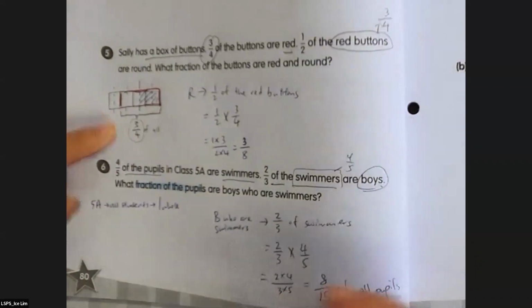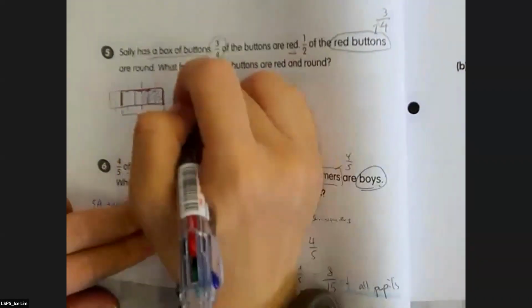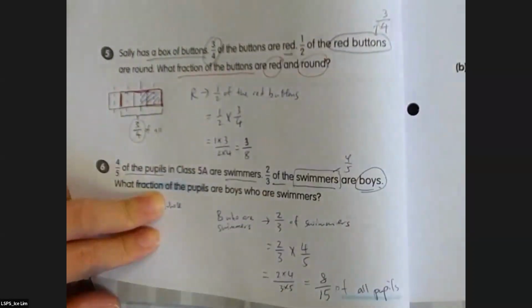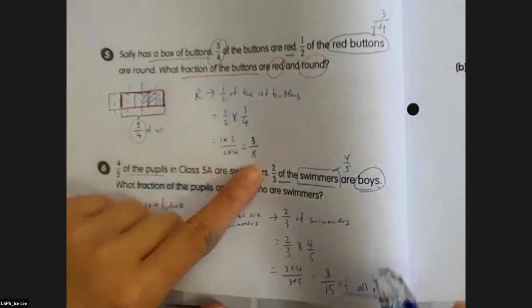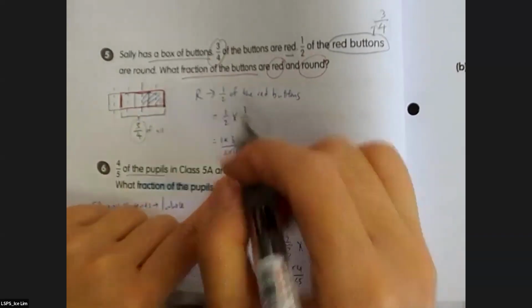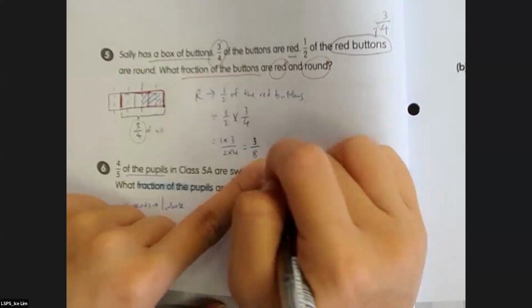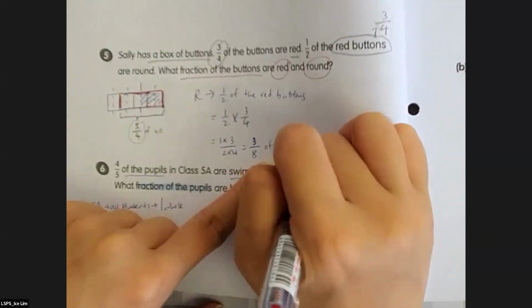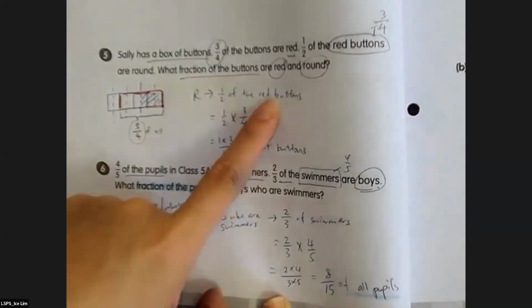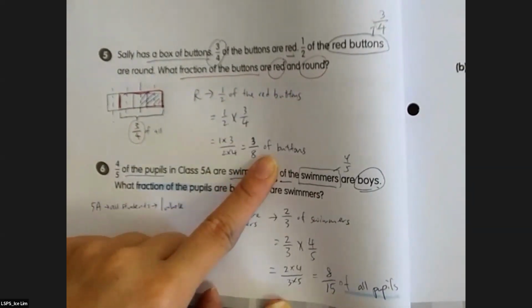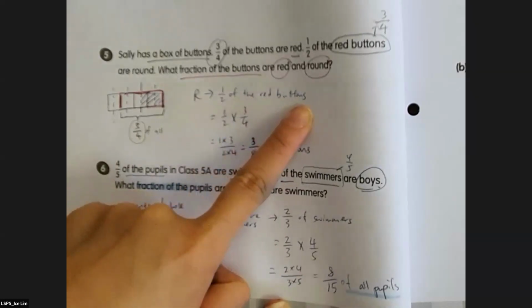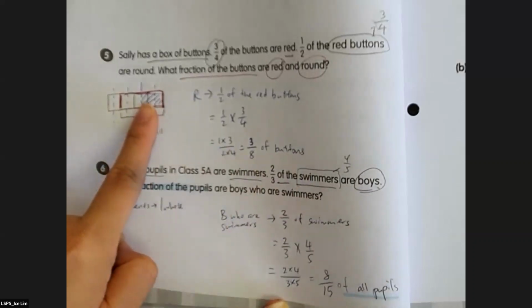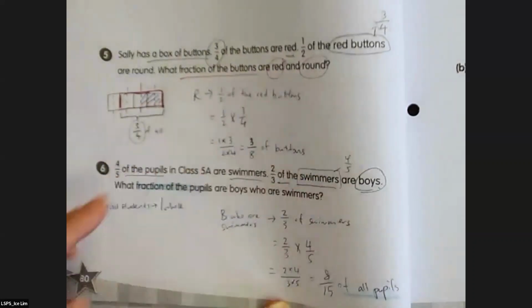In the end of the day, the question is asking for the fraction of the buttons that are red and round. So this answer here, 3/8, by the denominator of 8, we are also able to explain that it's 3/8 of all the buttons. It's not 3/8 of the red buttons, but it's 3/8 of all the buttons that makes up the red and the round.